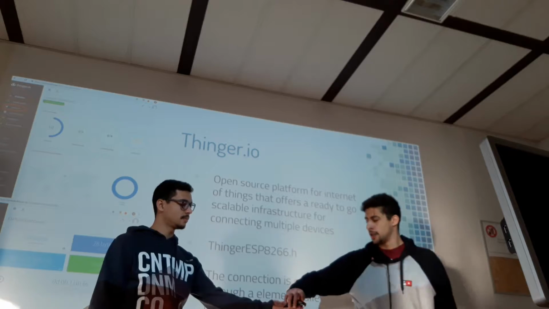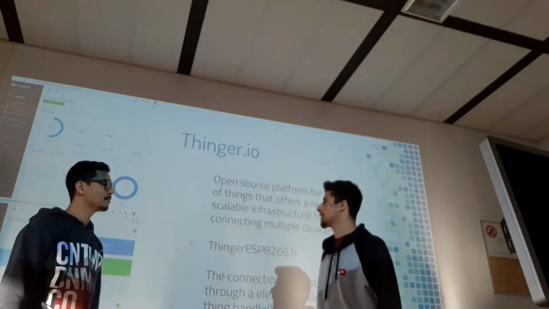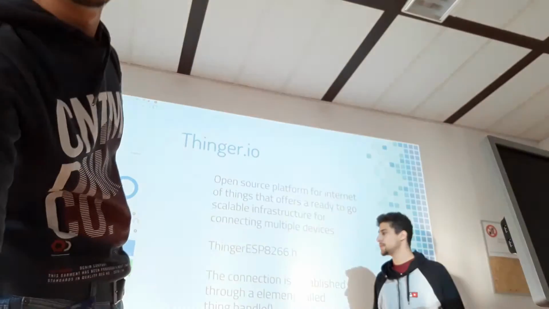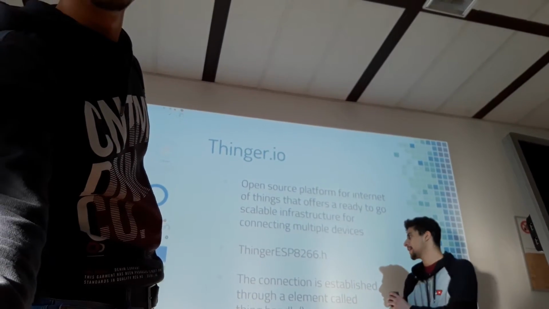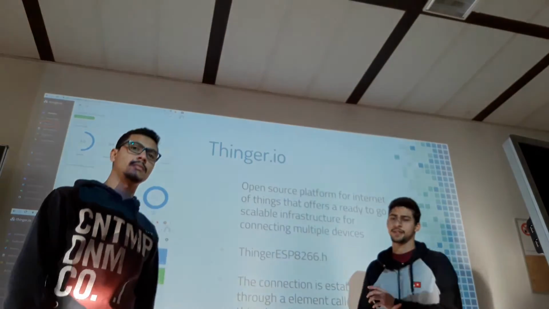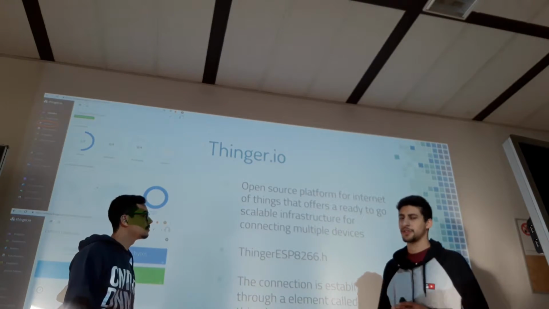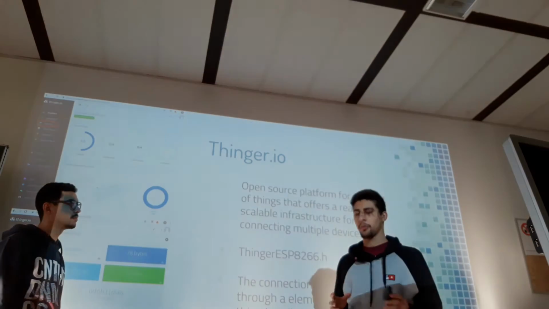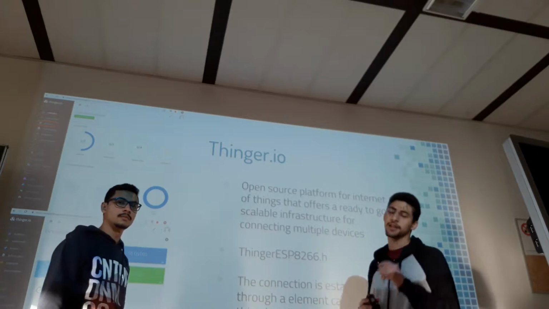Now, let's move on to the second server, Thinger.io, the server that uses its own library, ThingerESP8266.h, to post the information online. First, talking a little bit about the source code in Thinger.io.